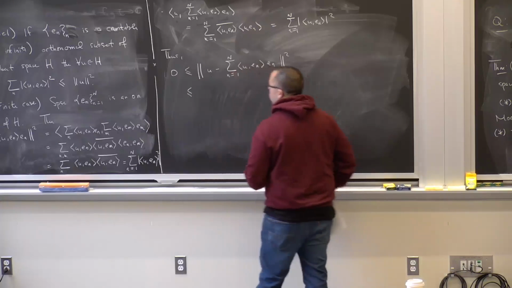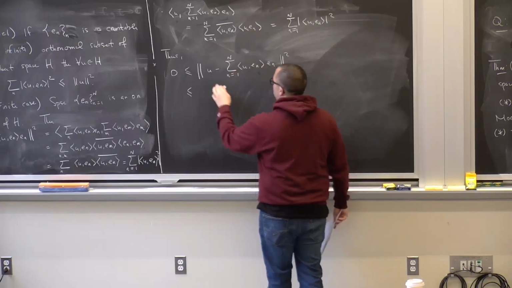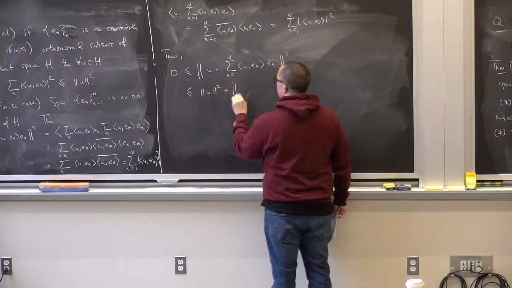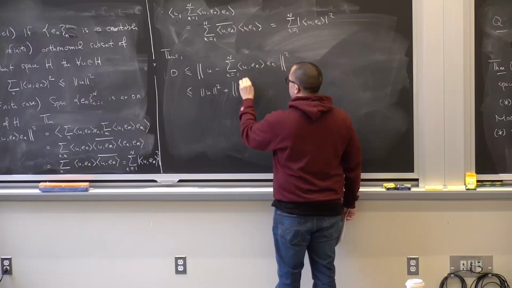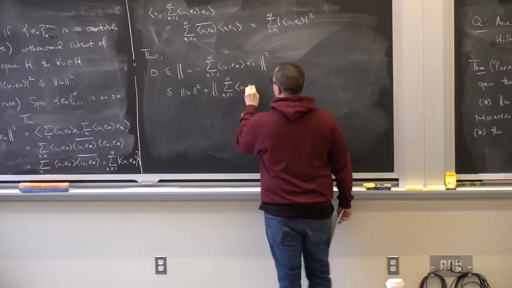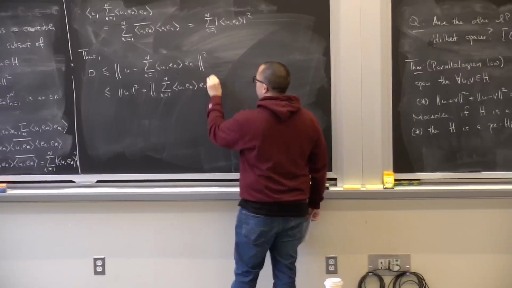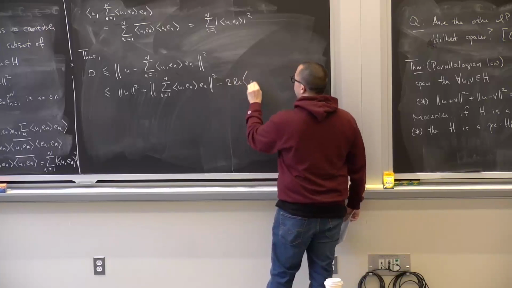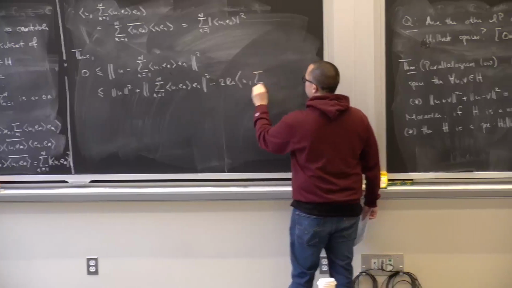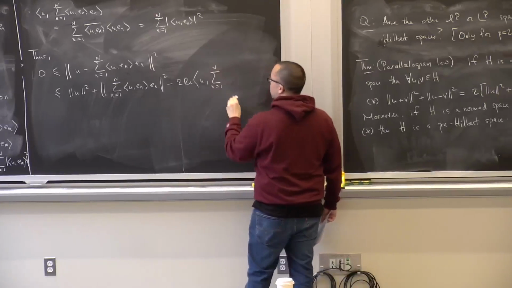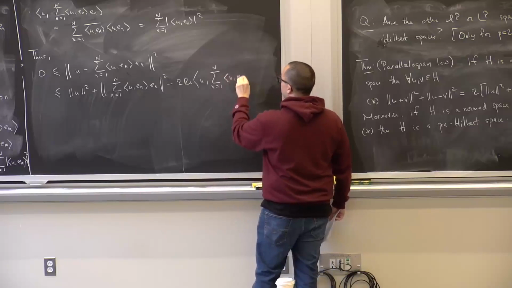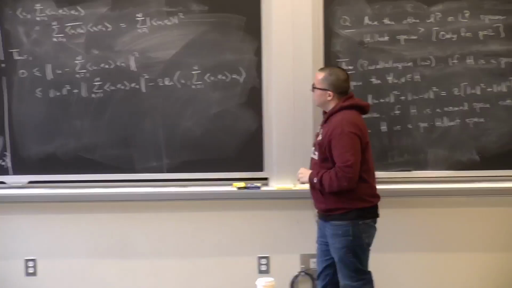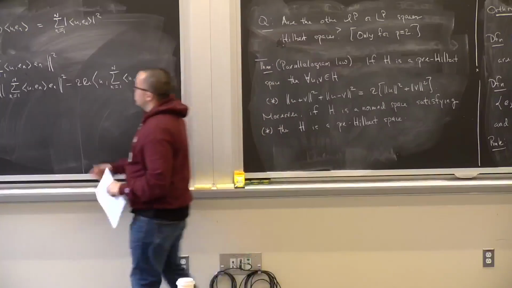We use that formula for how to compute the norm of something plus something, and this is equal to the norm of u squared plus the norm of the sum from n equals 1 to N of ⟨u, e_n⟩ e_n squared, minus 2 times the real part of the inner product of u with the sum from n equals 1 to N of ⟨u, e_n⟩ e_n. Okay? And now we know what all of these things are.